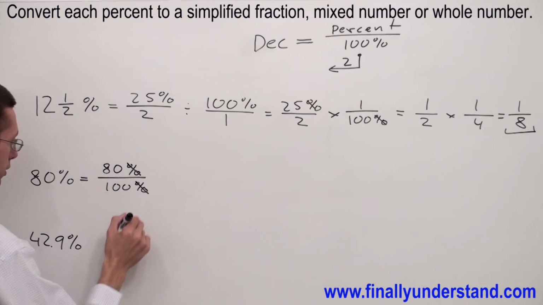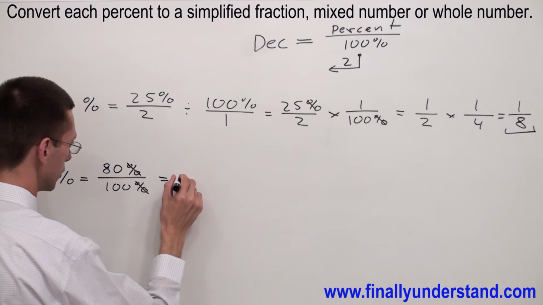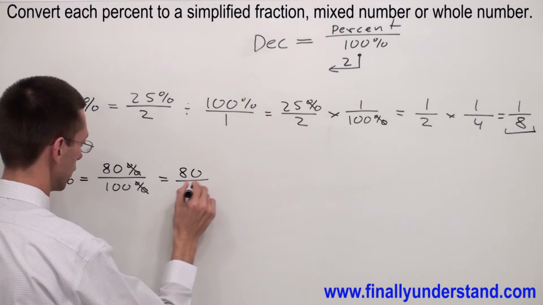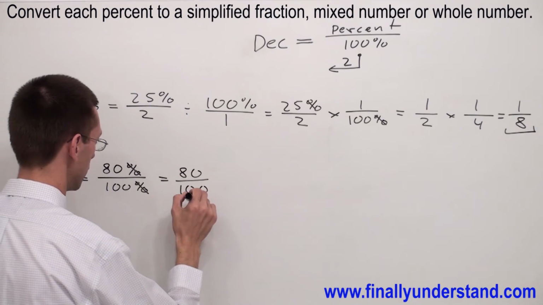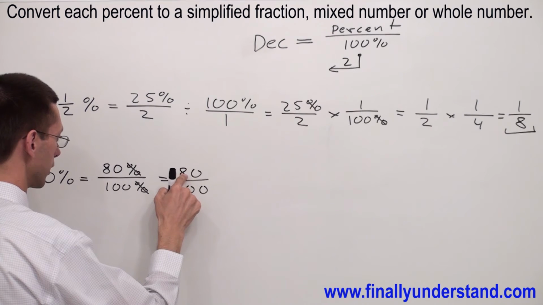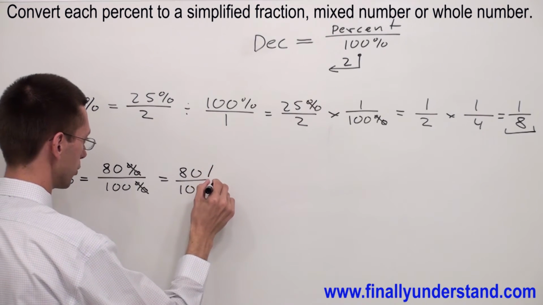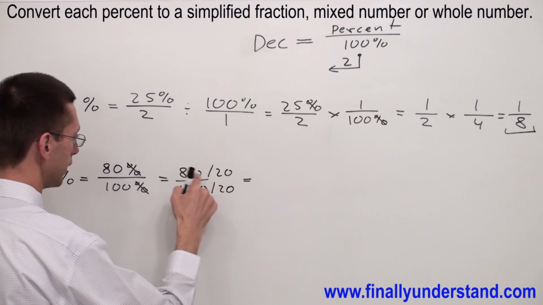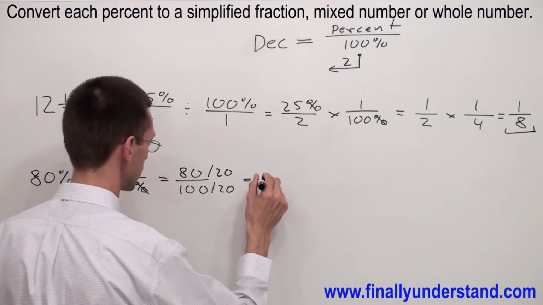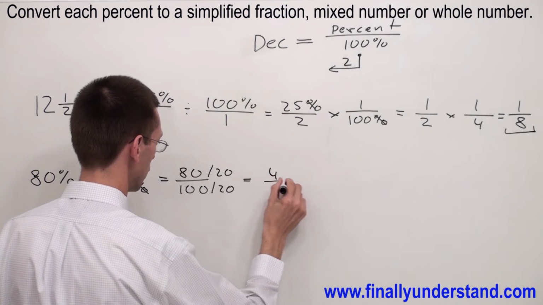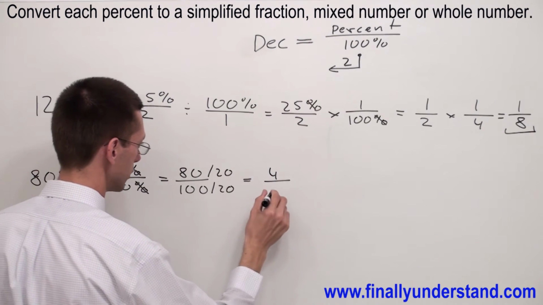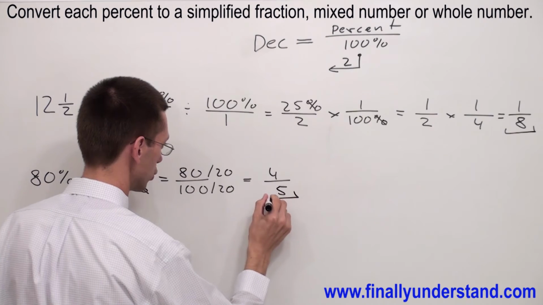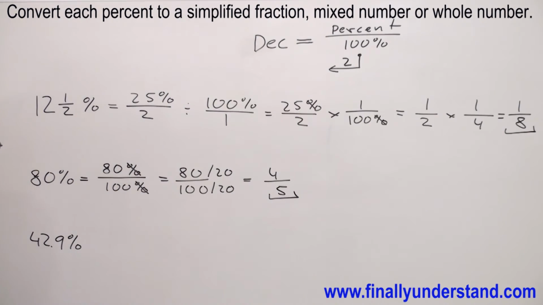Percent and percent will cancel out, and I'm going to have 80 over 100. 80 and 100, both of them are divisible by 20. 80 divided by 20 is 4. 100 divided by 20 is 5. This is the solution to my problem.